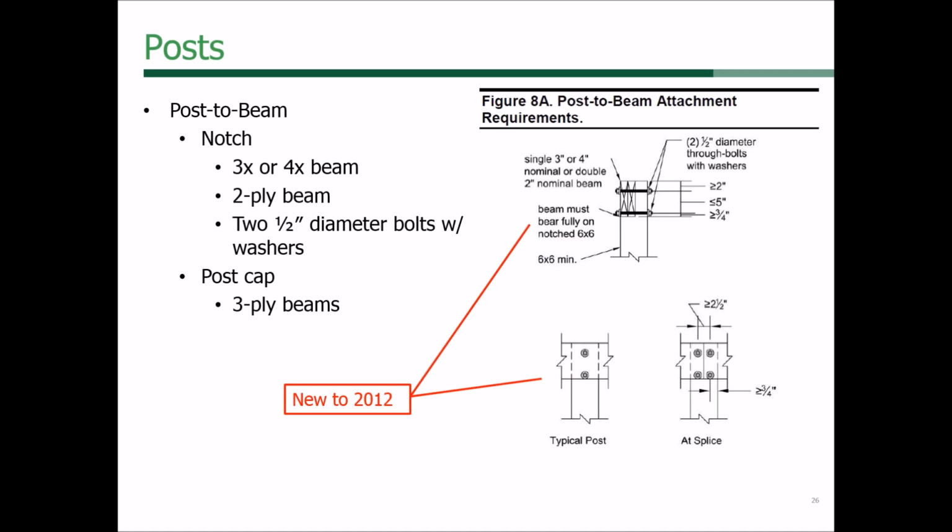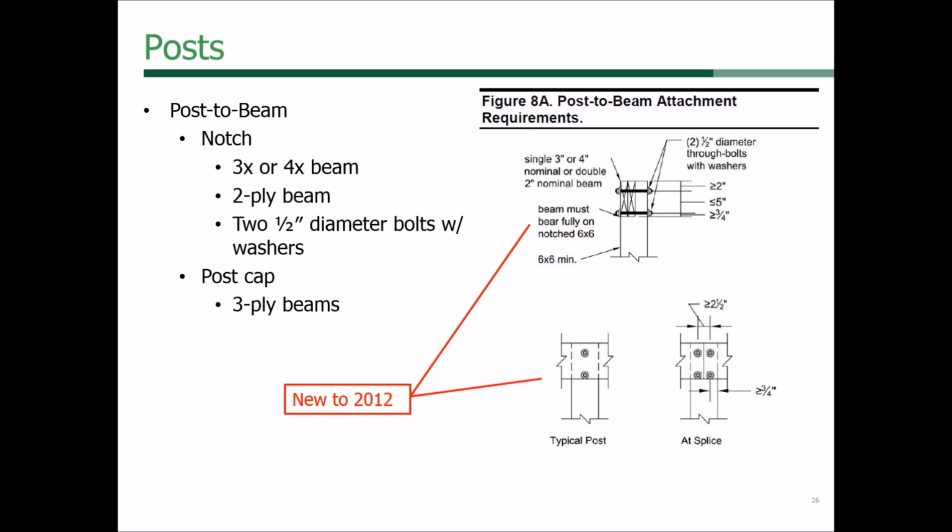This figure changed in the 2012 to give a little bit more description. It includes the maximum and minimum edge distances and things like that, so that it's more properly attached. And that's for 2x beams or 3x or 4x, so that you can notch it in.